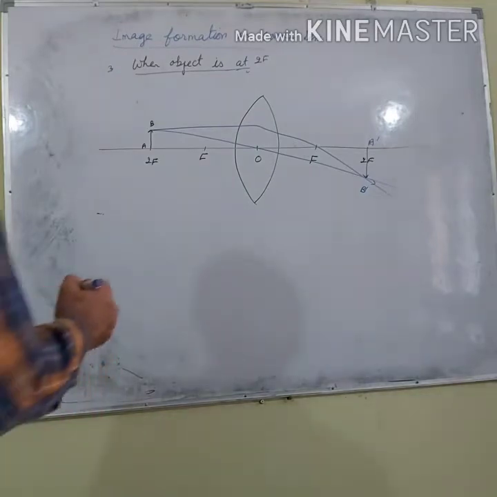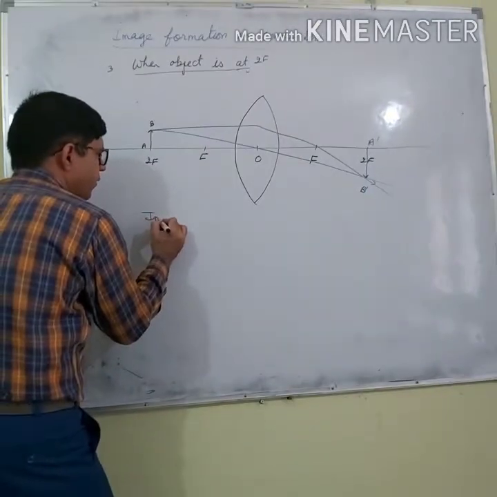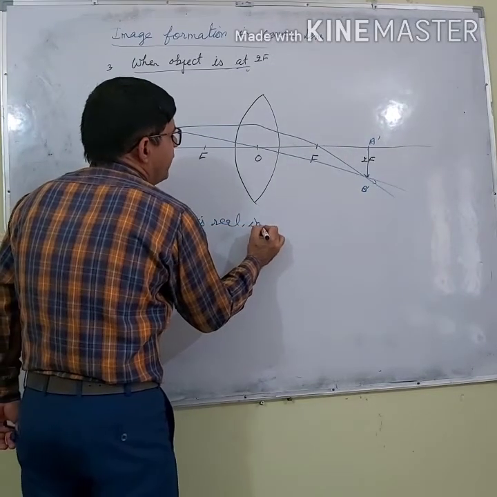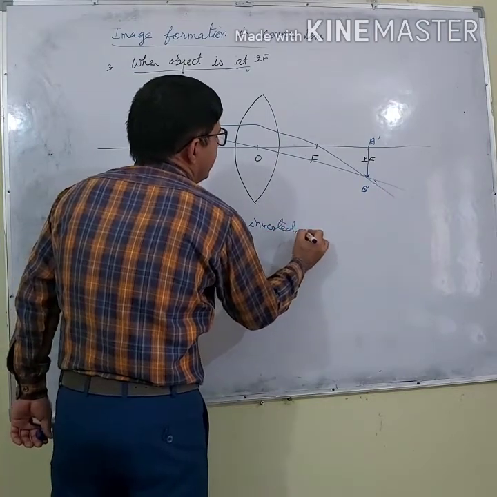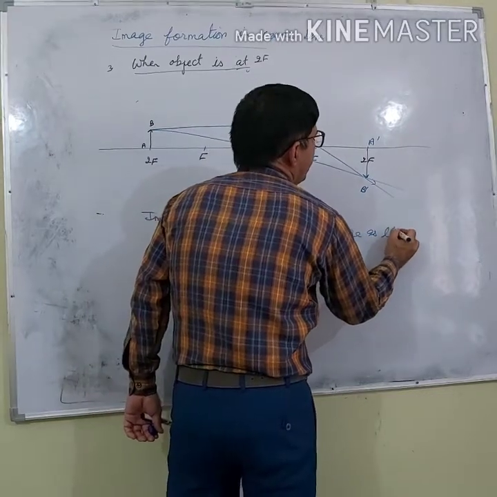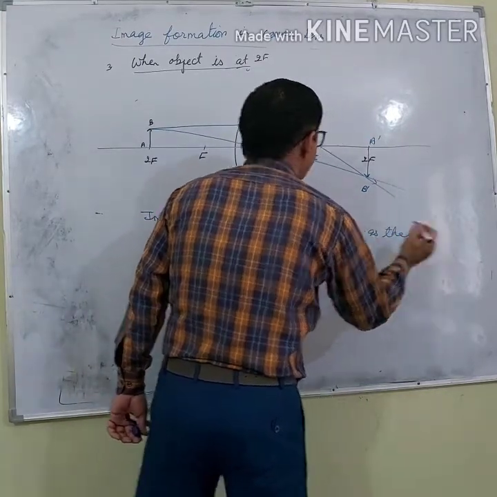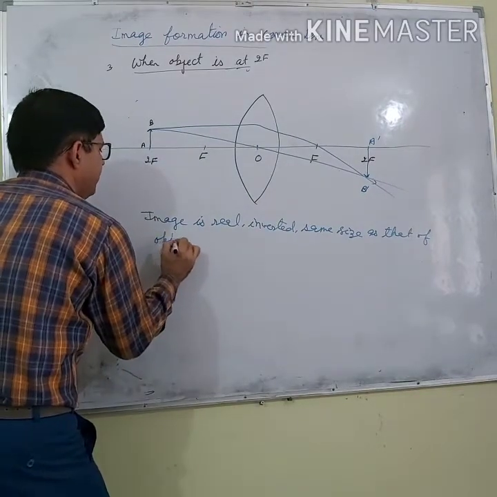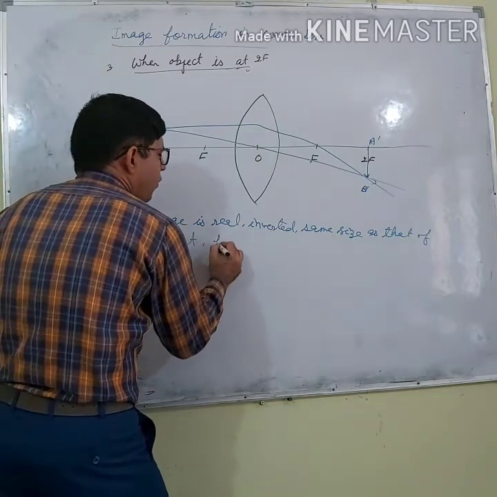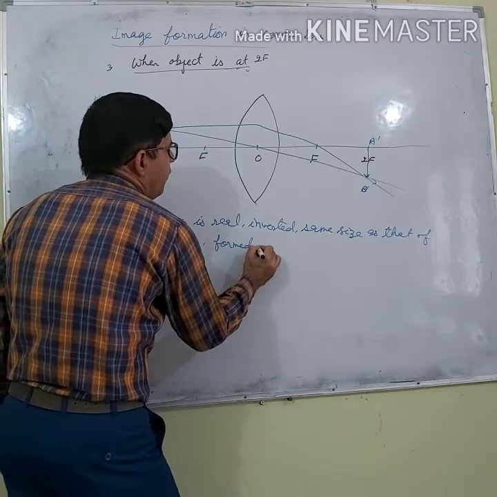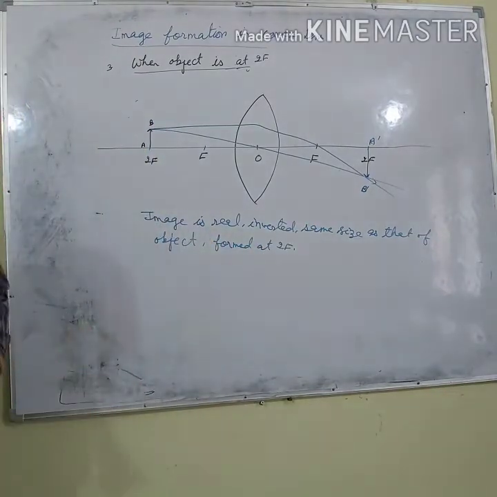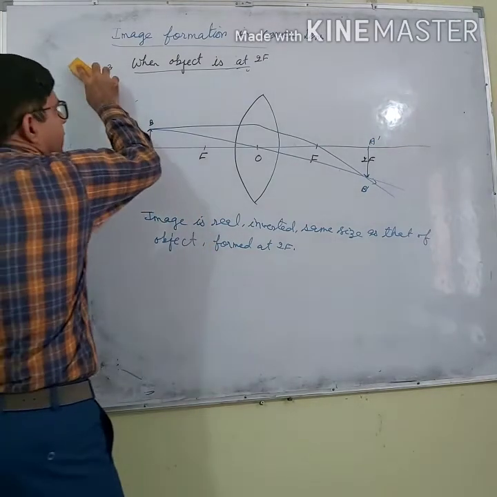We can say that image is real, inverted, same size as that of object, and formed at 2F.